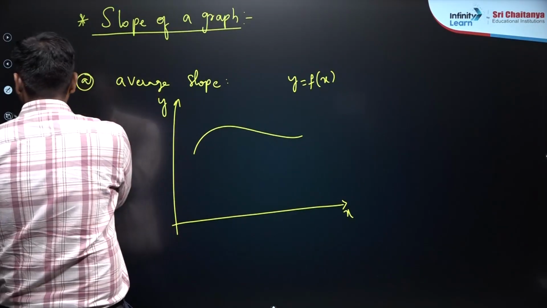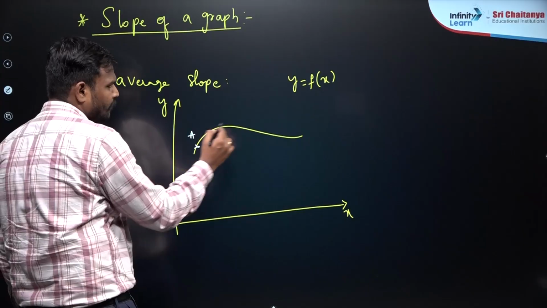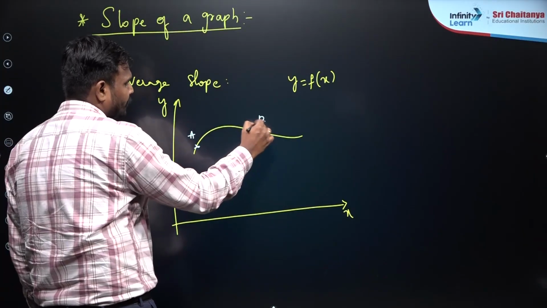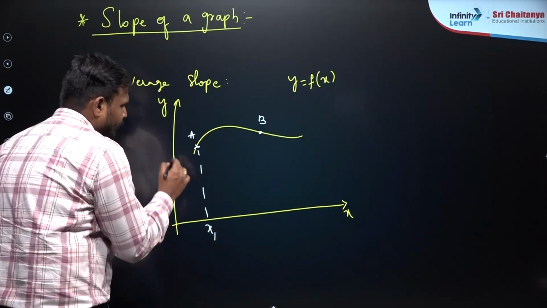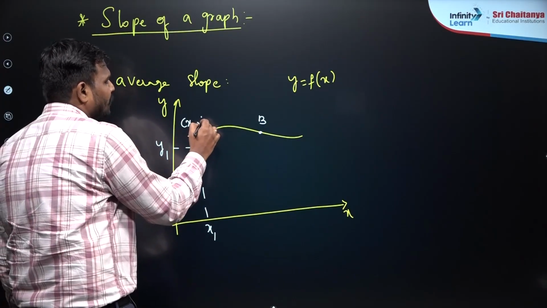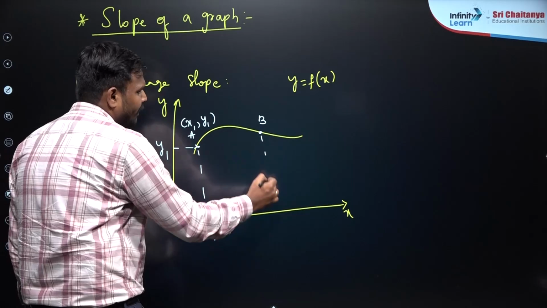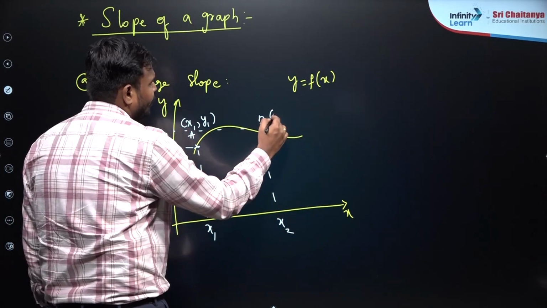So here we have the first point A, and here we have the second point B. So the coordinate of A is x1 comma y1, and the coordinates of B is x2 comma y2.